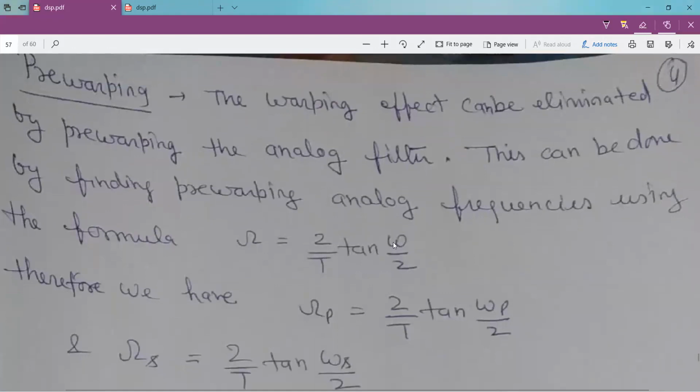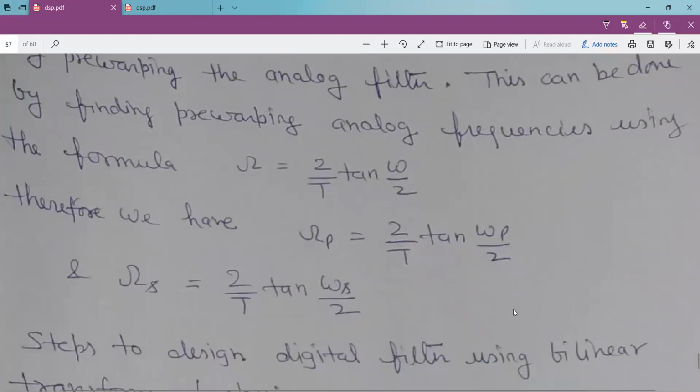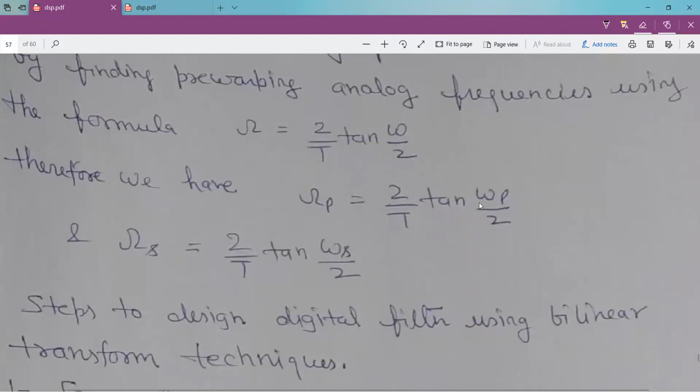Pre-warping means first for the desired digital frequency, you will find out the analog frequency value. For example, if you have the digital passband frequency as omega p, first you will find out the corresponding analog frequency for that, and after that you will start designing.